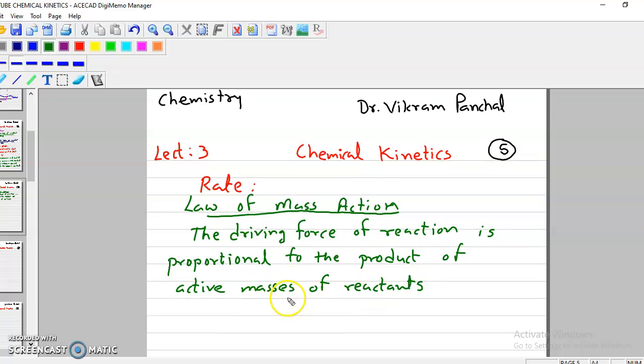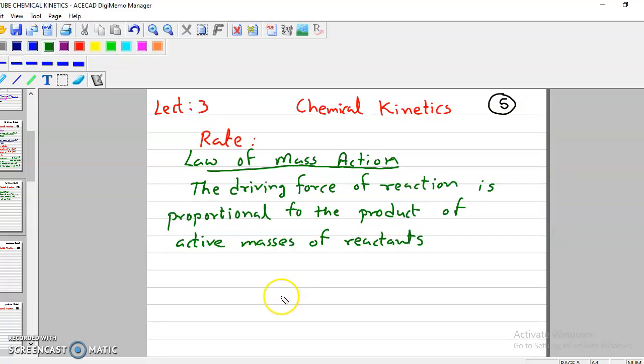Well, this law is very simple as such, but doesn't look like that. Why? Because there are typical words used for different things, like driving force. This driving force means rate of reaction. Okay, rate means driving force.